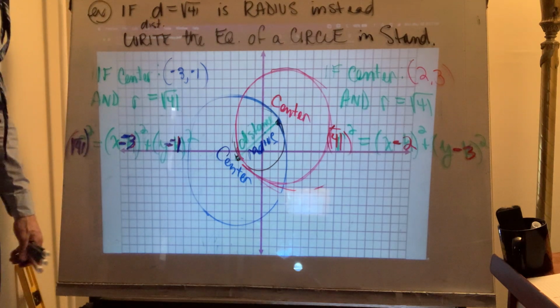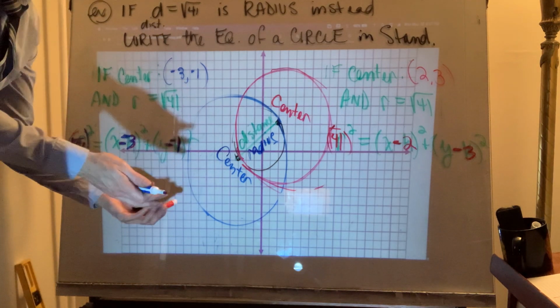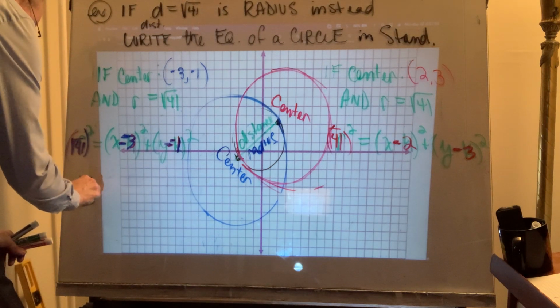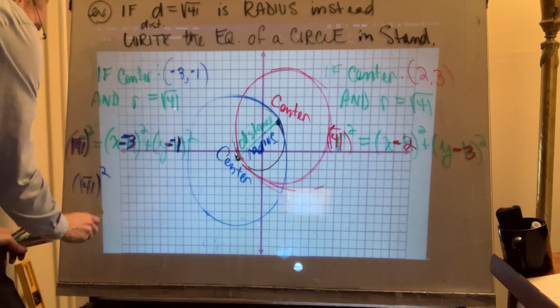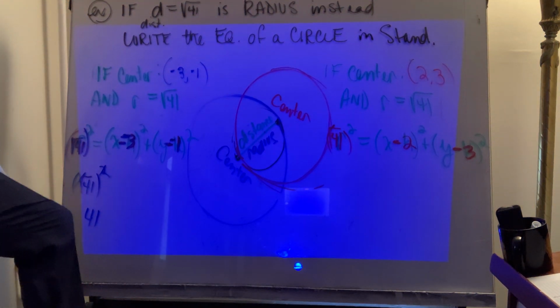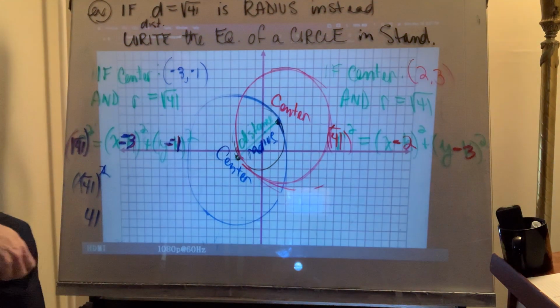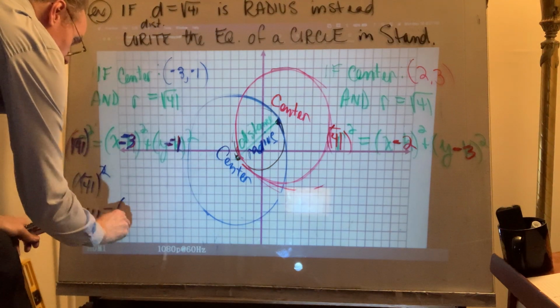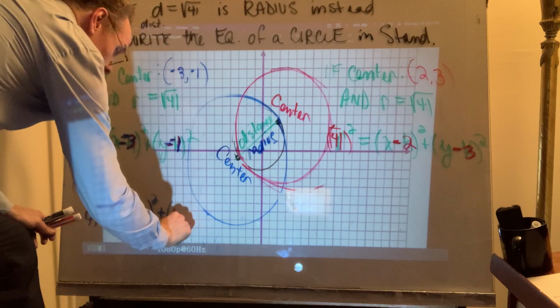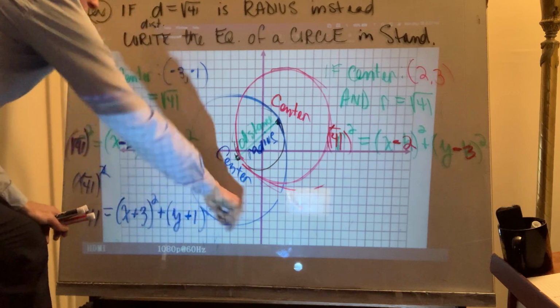And there you have it. Clean it up for presentation purposes. So you could leave it as the square root of 41, technically, but my instinct is to simplify it down to just 41. And then you have x plus 3 squared plus y plus 1 squared for the blue circle.